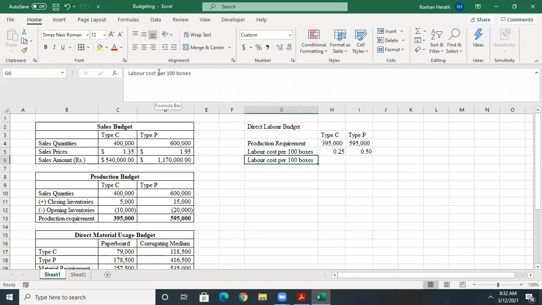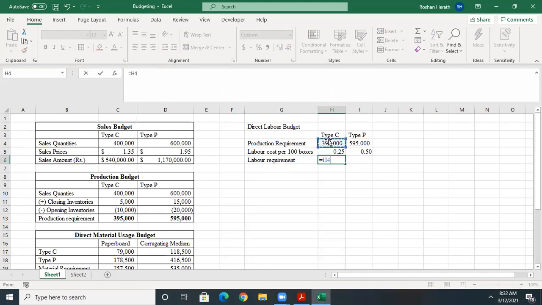Then you can get the labor requirement. So if you work out, it's 395,000. You need to divide it by 100 because you're taking it as 100 boxes. So that is your cost object usually, and 0.25.